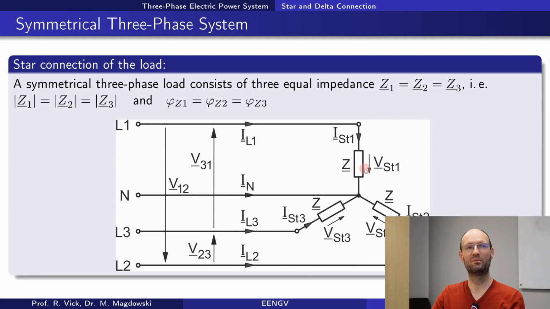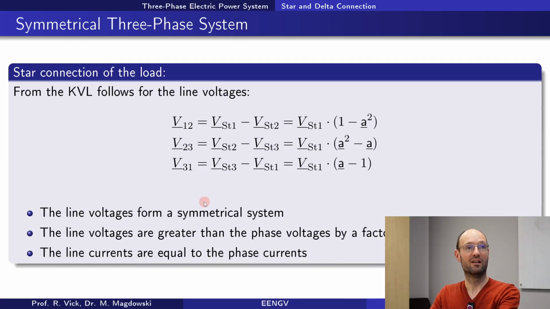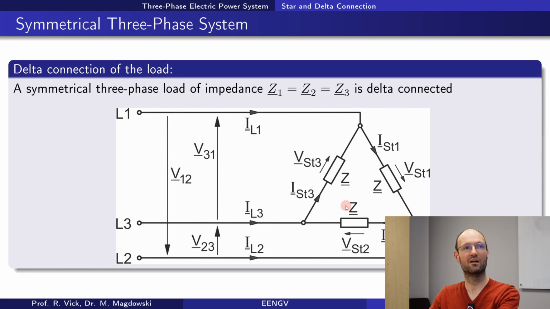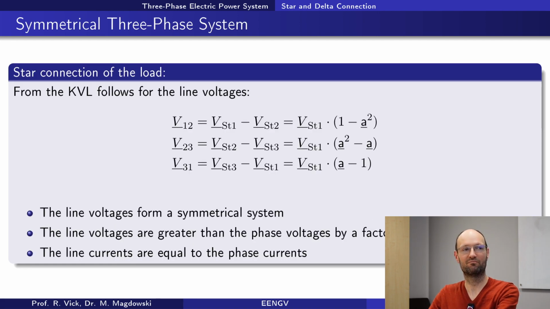So these voltages will be square root of 3 times smaller than these voltages. And we can derive this using our rotation operator and find out, okay, line voltages are square root of 3 times greater, or phase voltages are square root of 3 times smaller.